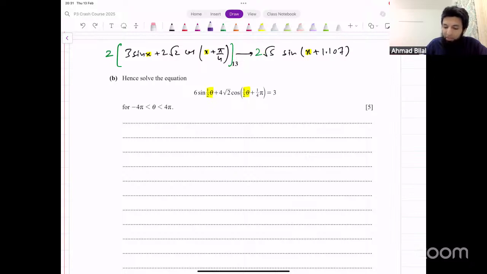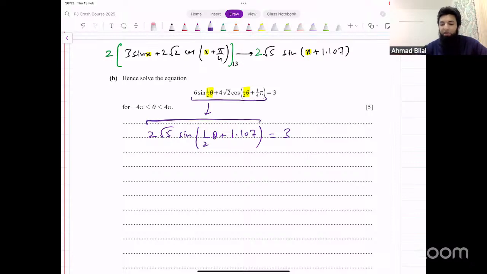So this equation therefore can now be written as 2 square root of 5 times sine, in place of x we put half theta, plus 1.107. This equals 3. So this thing we write like this, and then on the right side we have 3. Now we can solve this equation. Is this conversion fine to everyone? Any problems with this? Because that's the tricky part here. Any questions on this?